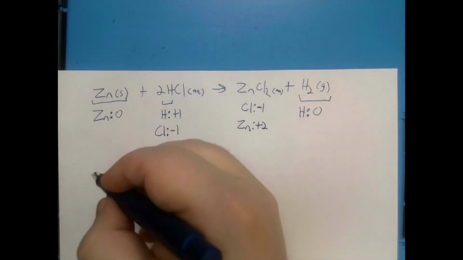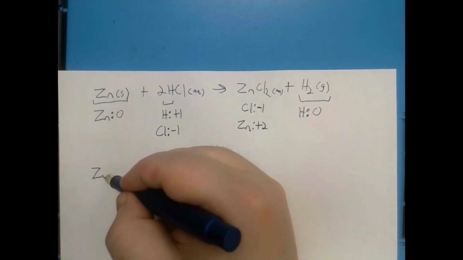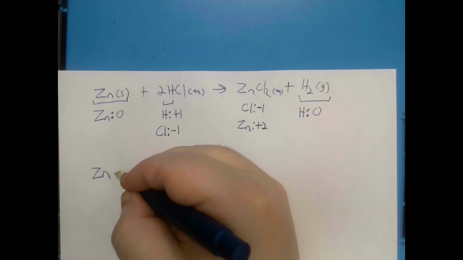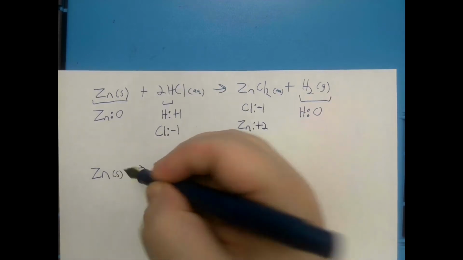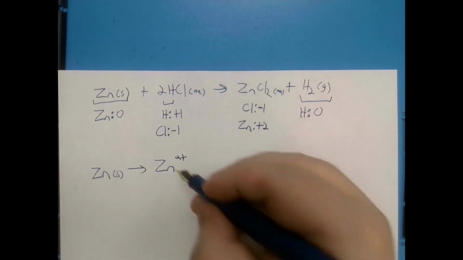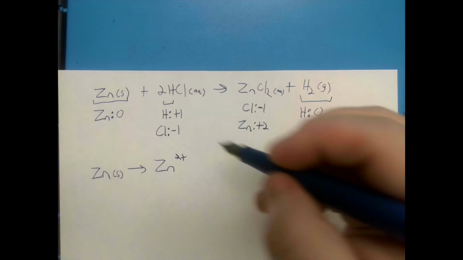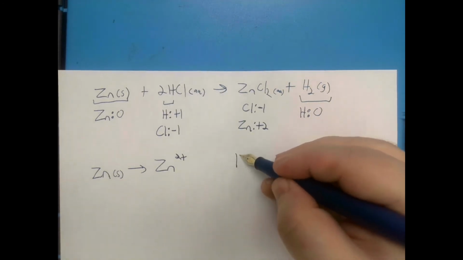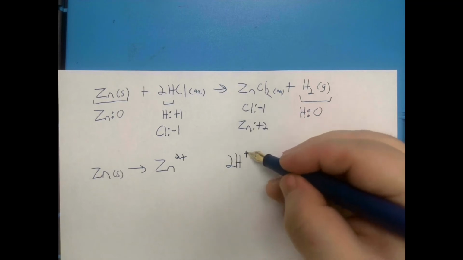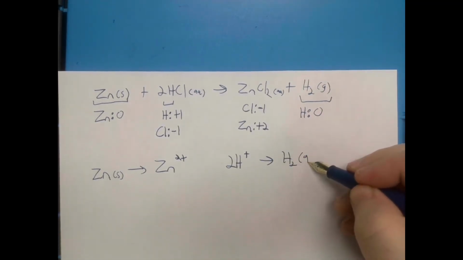Thus, we can see zinc is going from neutral to zinc 2+. And hydrogen is going from H+ to hydrogen gas.